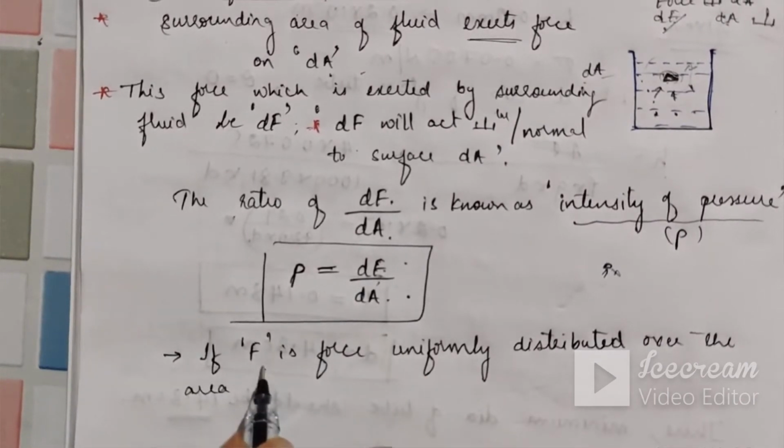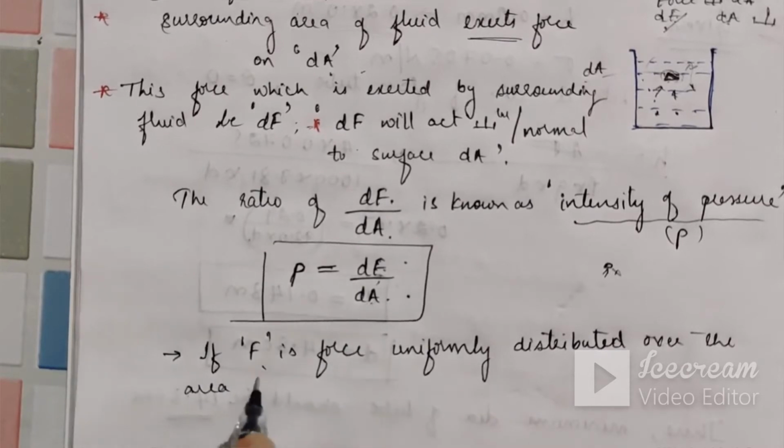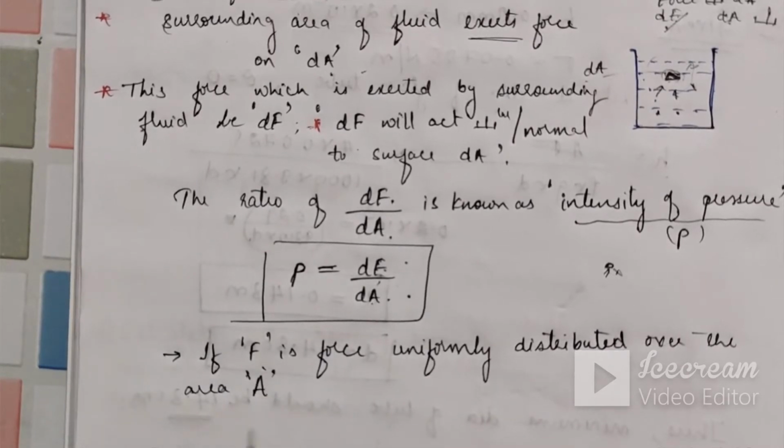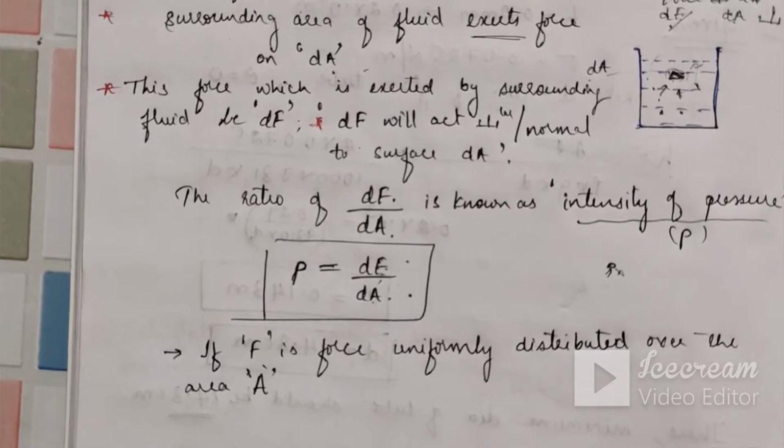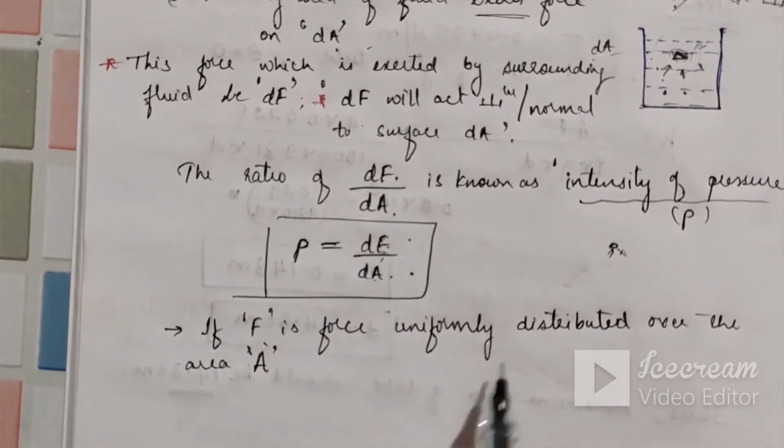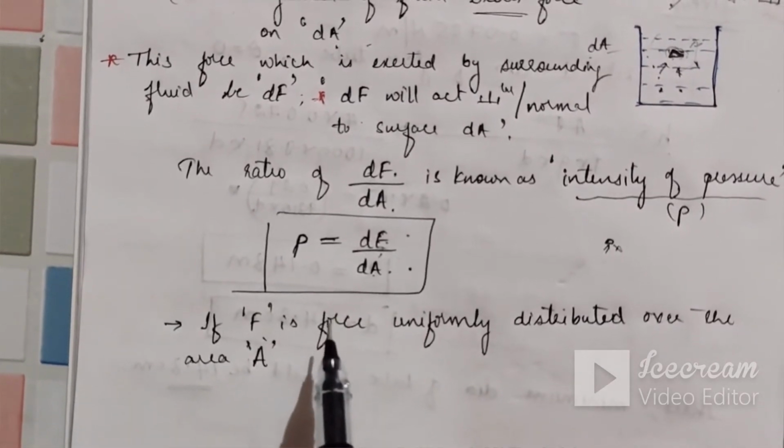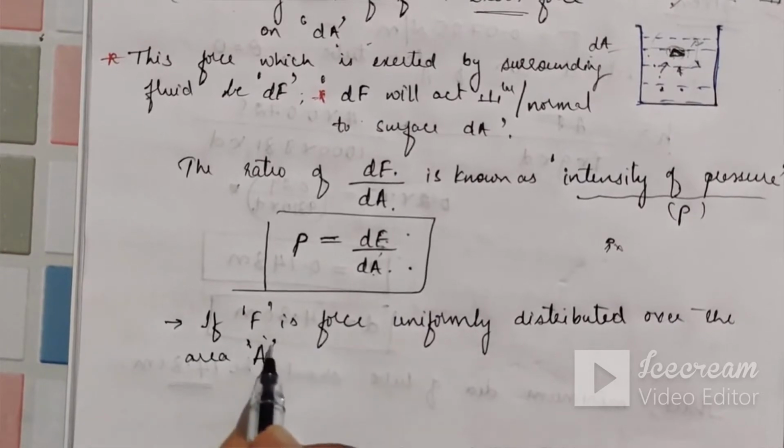We took dF as capital F, dA will be taken as capital A, so that we are telling that we are considering the full fluid area.